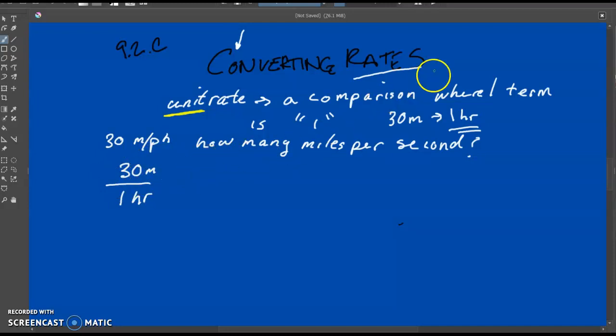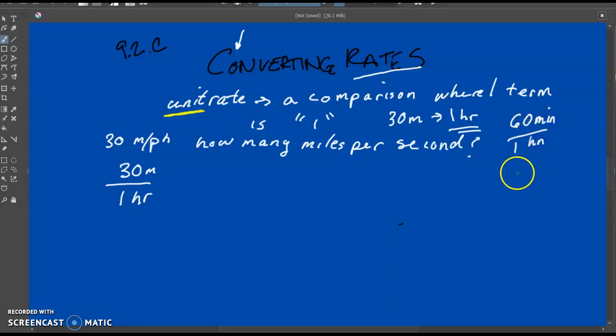All right, and then what we're going to do is essentially try and transition this into miles per second. So we need to go from hours to seconds. Now this is a little bit confusing. It's going to take a couple of steps, all right? What we have to realize first is that if we think about hours and minutes and seconds, we know that there are 60 minutes in 1 hour.